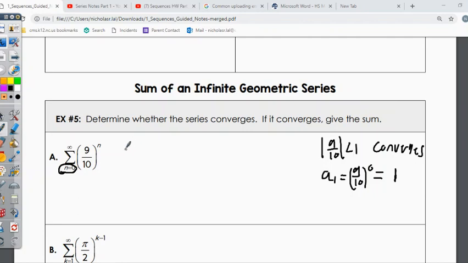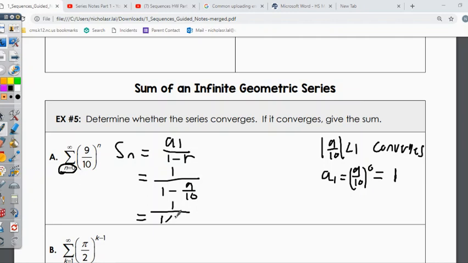Sn is equal to A1 over 1 minus r, which means it's going to be equal to 1 over 1 minus 9/10, which is 1 over 1/10. So 1 divided by 1/10 means that the series is going to be equal to 10.